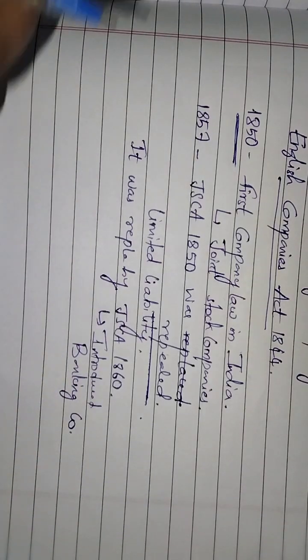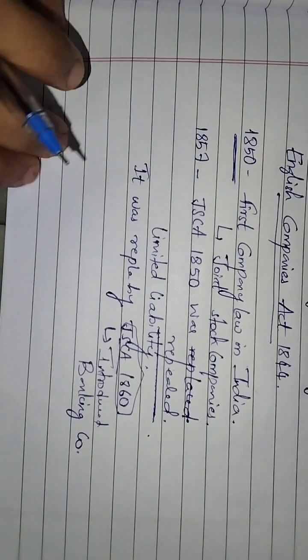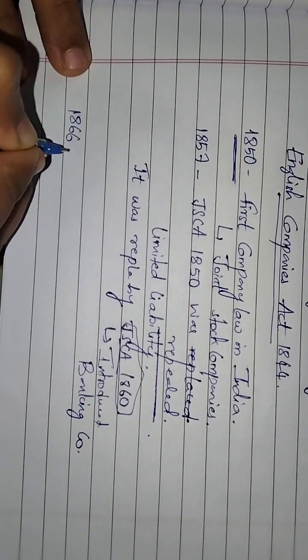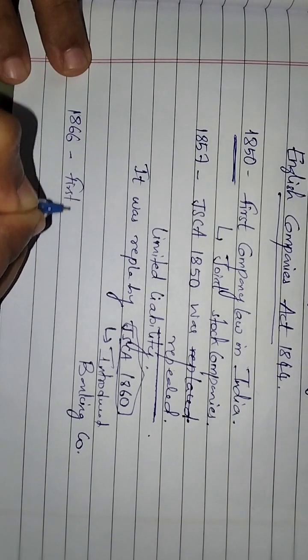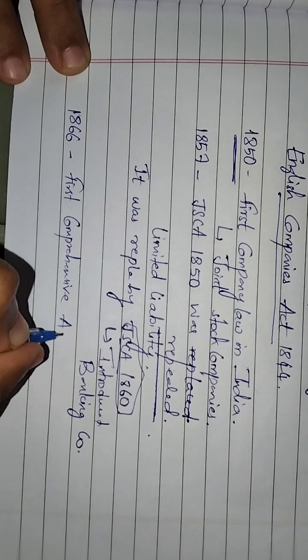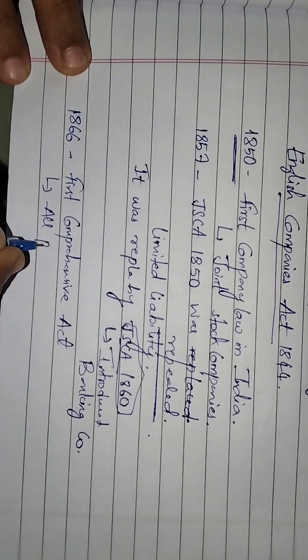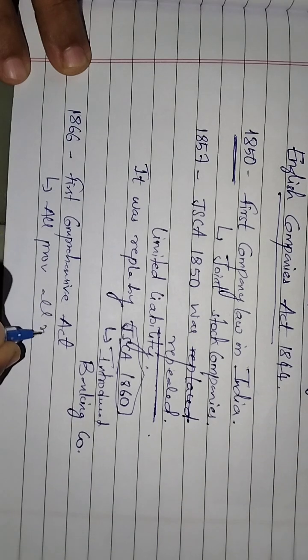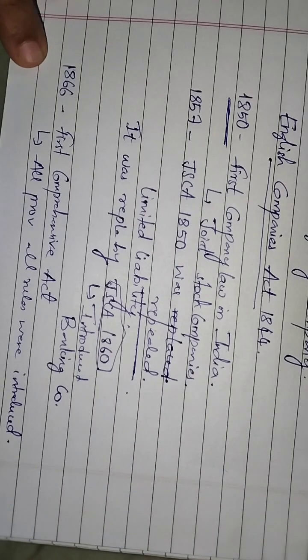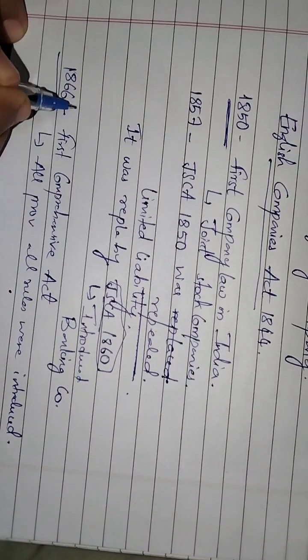They introduced banking companies in the 1860 JSCA. What happened in 1866? The first comprehensive Act was introduced. What does this do? All the provisions and all the rules were introduced. For the first time, all provisions and all rules were introduced in 1866.